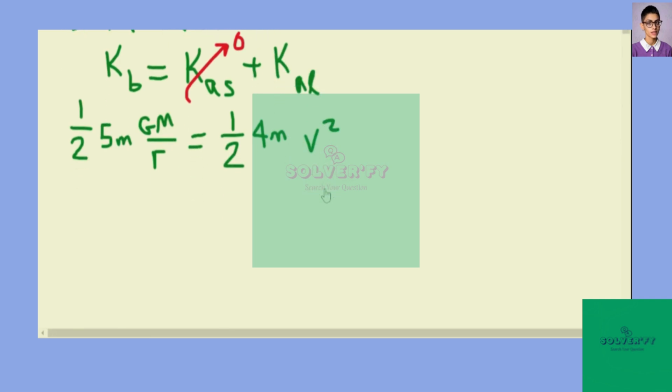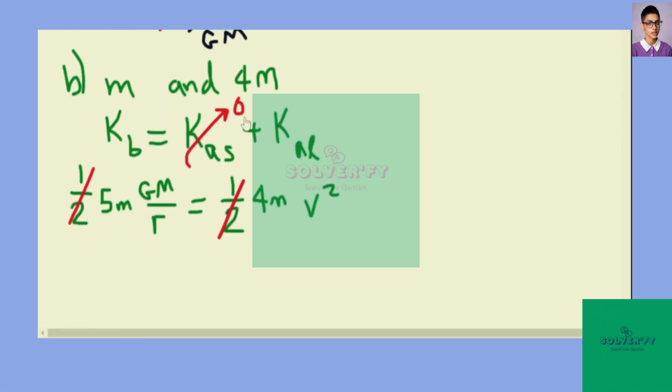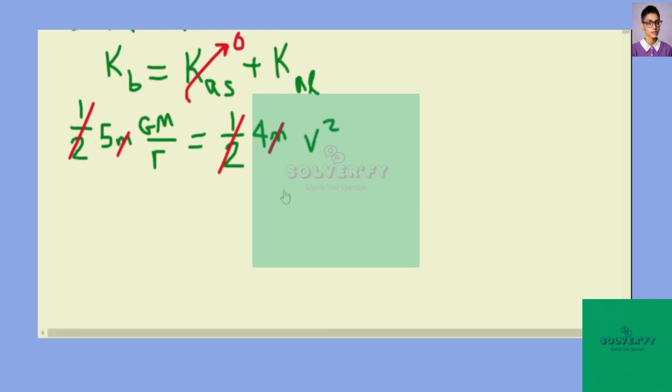Okay, so the 1/2 cancel out. The m's cancel out. So the velocity will be the square root of 5/4 GM over R.